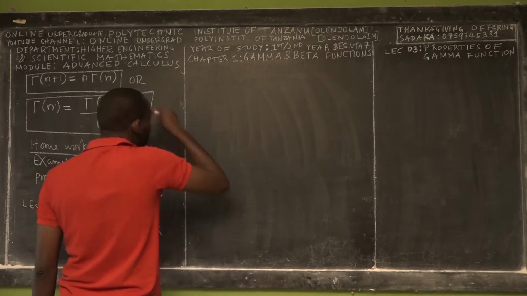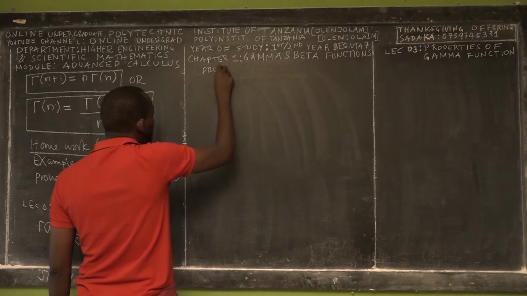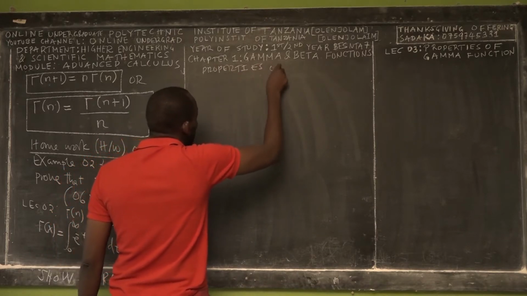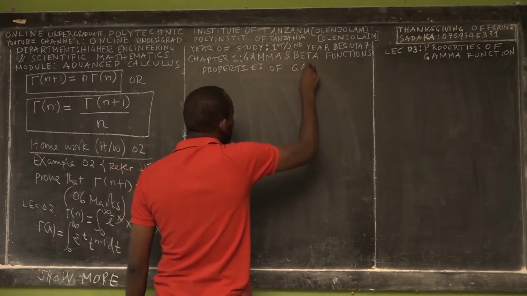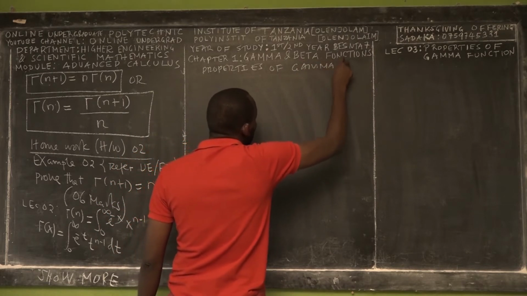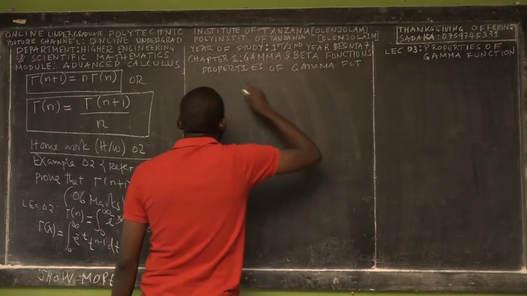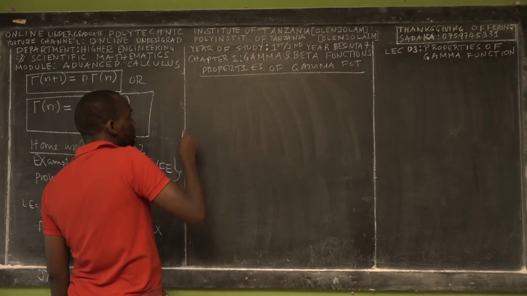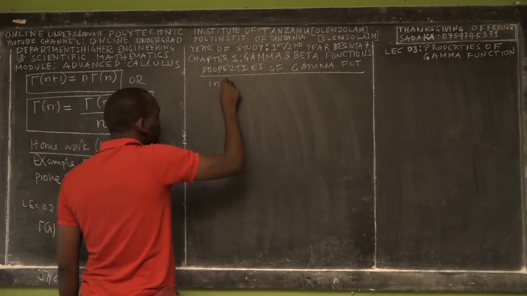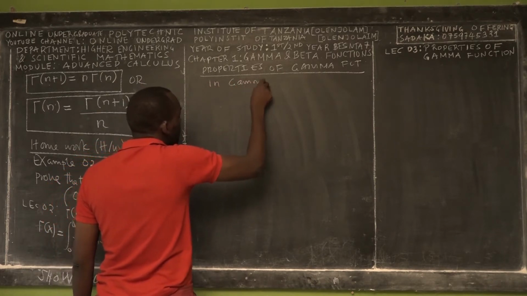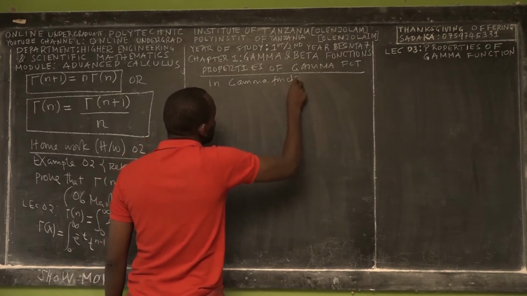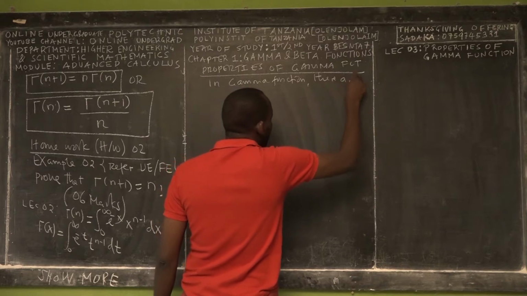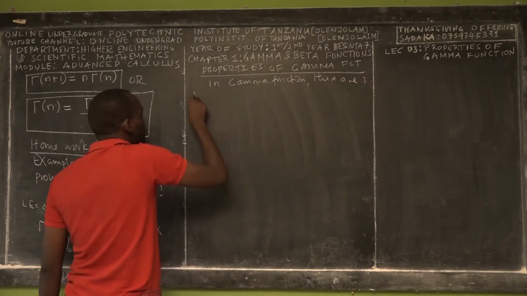Just to remind you, in the gamma function there are three basic properties.